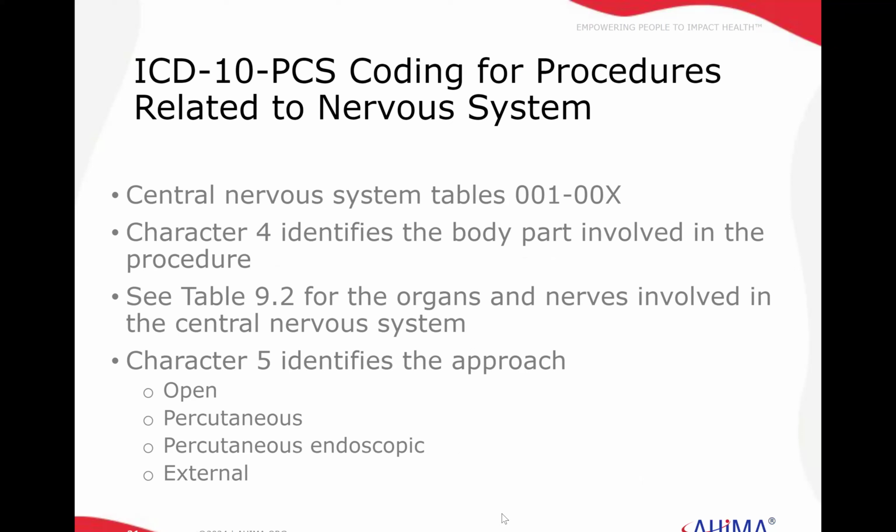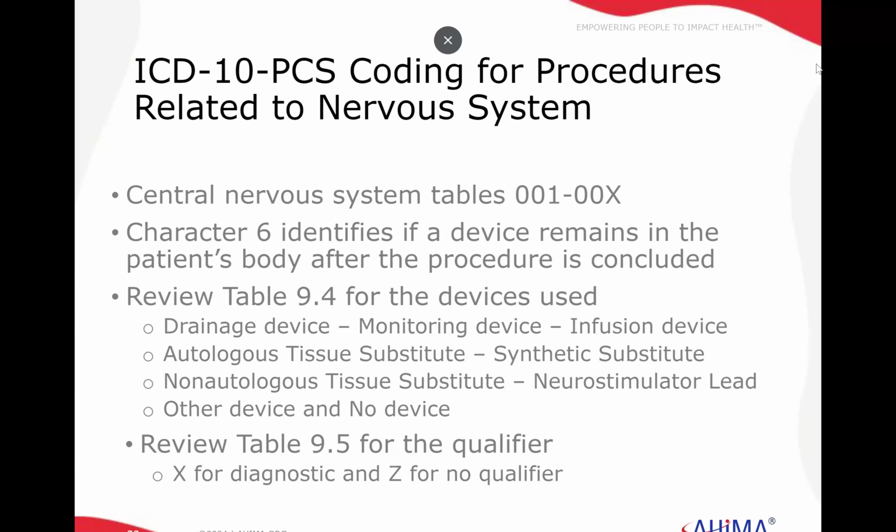And the character for it talks about the specific body type. This is outlined in table 9.2, right? And the approach, we've covered that. But of course, we get into the last two characters, 6 and 7. 6 identifies the device, could be a drain, could be a tissue substitute, could be a neurostimulator lead, whatever it is.